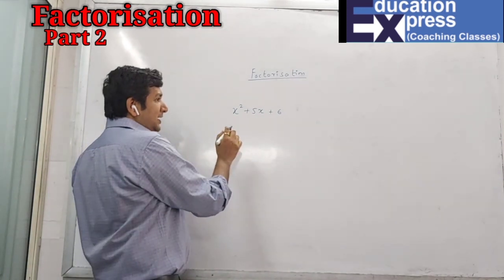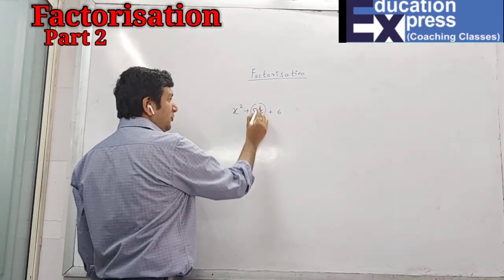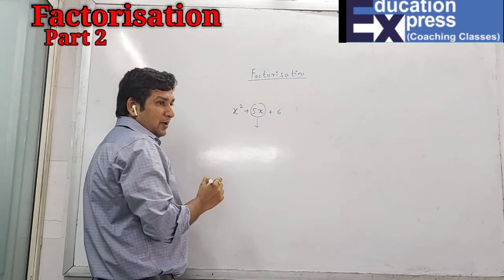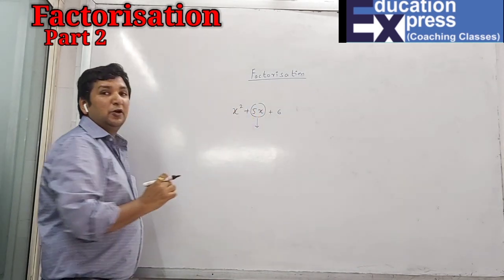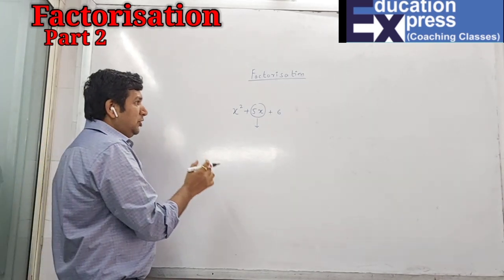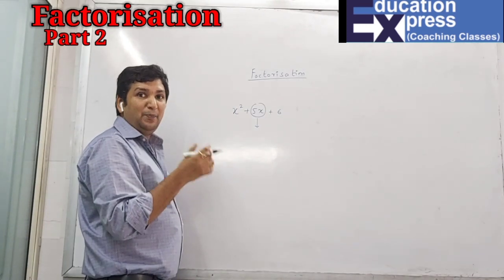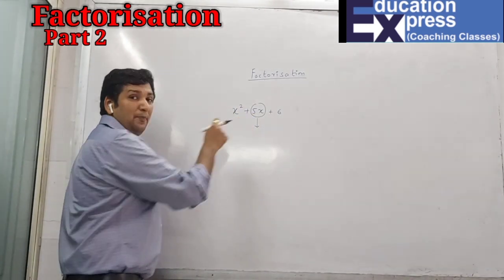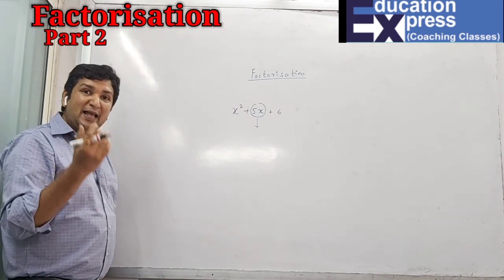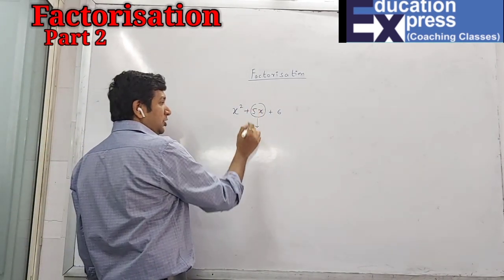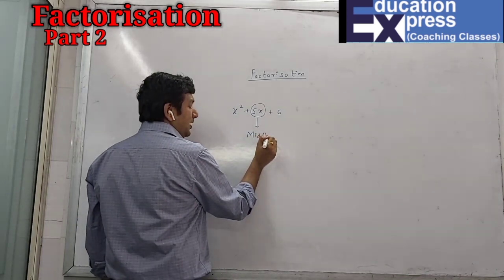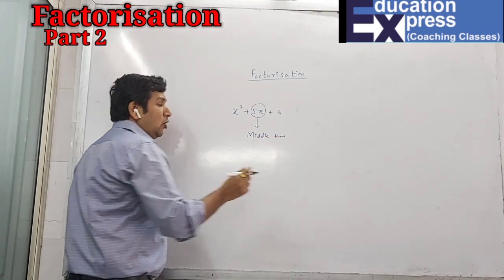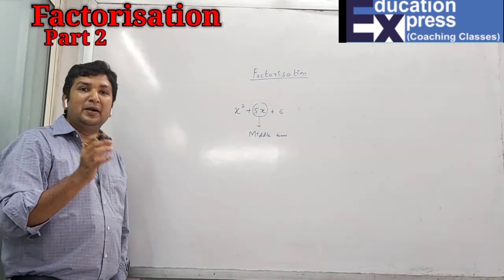Then you will see that there is one term which has the variable, but the power of the variable is less as compared to the other terms. So in that particular question, when you feel that the power of that variable is less, then that particular term will be known as the middle term. It is not necessary that the question will always give you the middle term in the middle only.